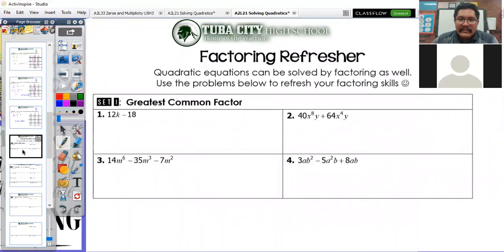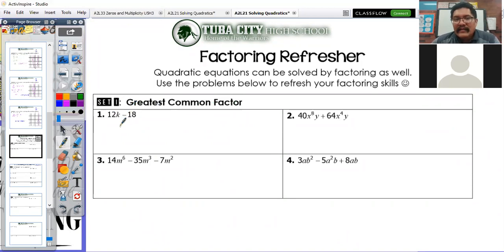Now, I think it works a little bit better when I show that one next to this one to show that they are the same thing, okay? What we're going to do is just like the opposite of the distributive property. Like Santa Claus gives out presents, but we're going to take things from people. So we call this the greatest common factor, because we want to know the largest number I can divide 12 and 18 by.